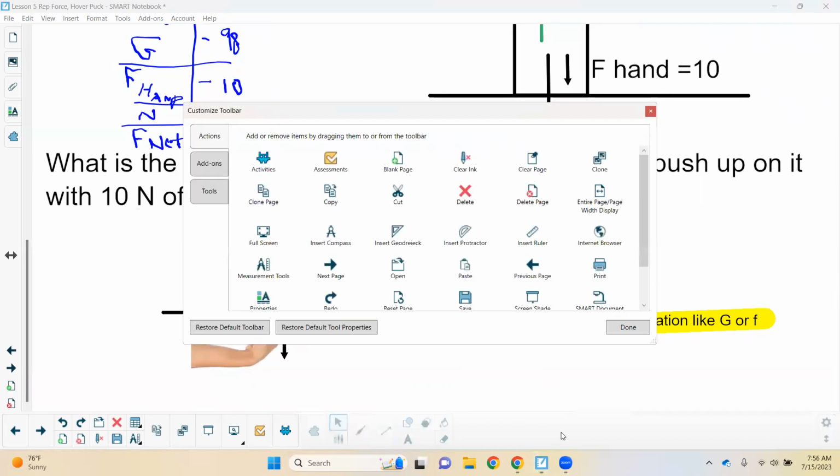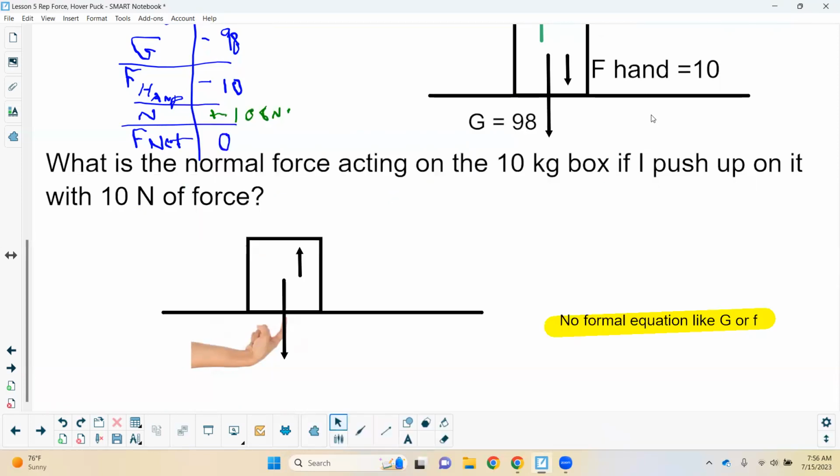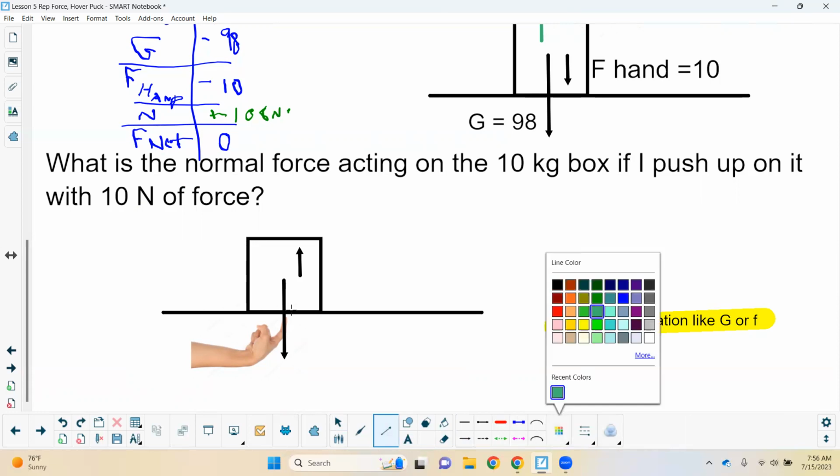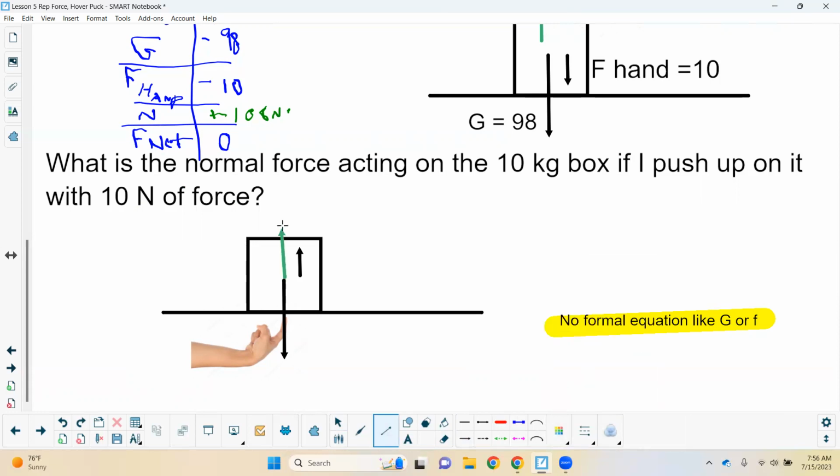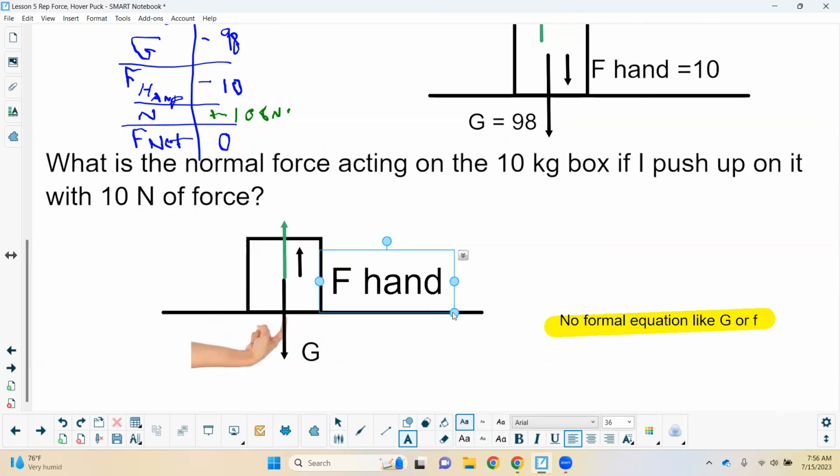So, change color. The two upward arrows are going to add together to get to the downward arrow. So again, we said this is gravity there. The upward arrow for the force of the hand, which is only 10.